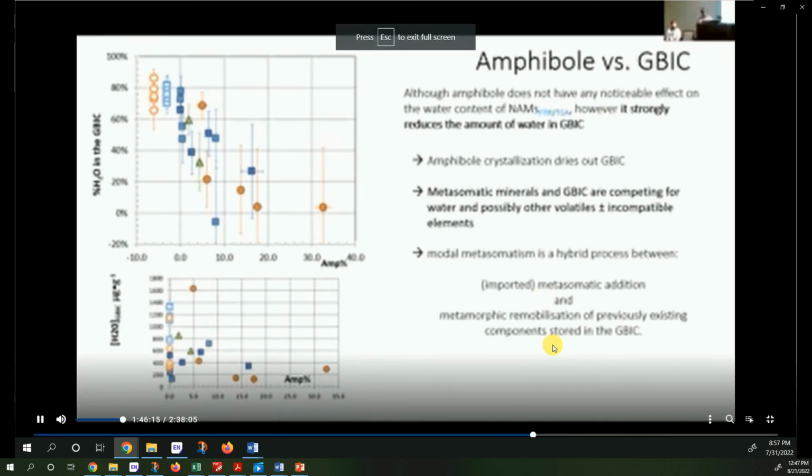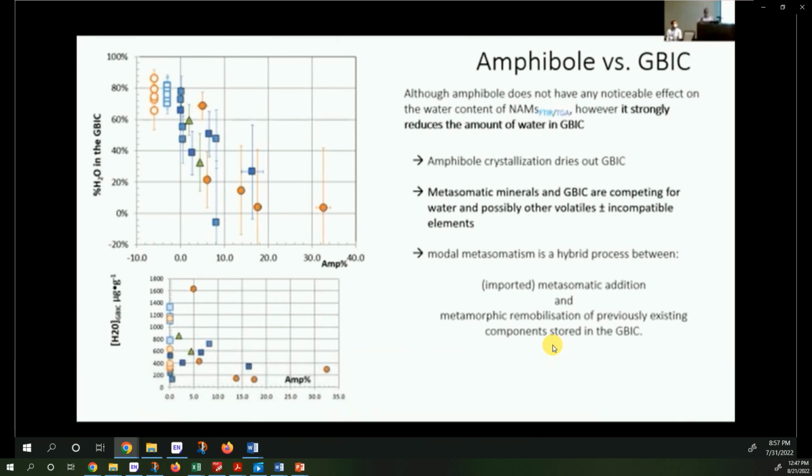That means that you may have other phases. For example, I remember a paper of Bodinier which found a lot of micro phases like rutile and phlogopite in the interstitial media, which were not really obvious at the beginning. So I cannot exclude the occurrence of glass, but as far as optical and even BSE imaging goes, we didn't find any.